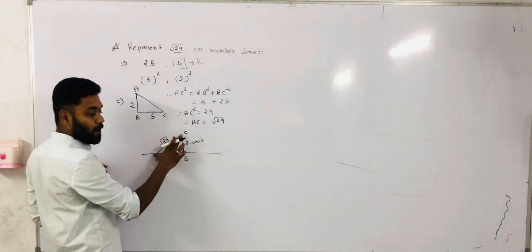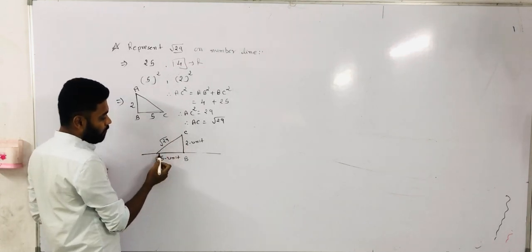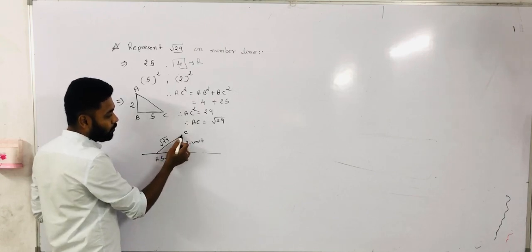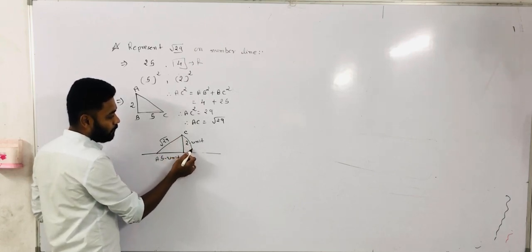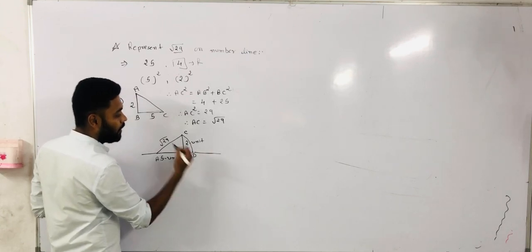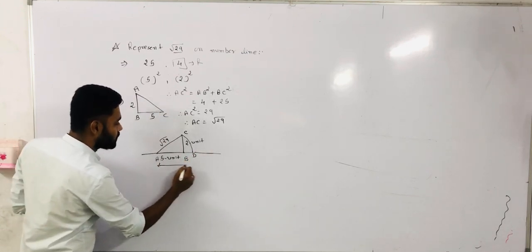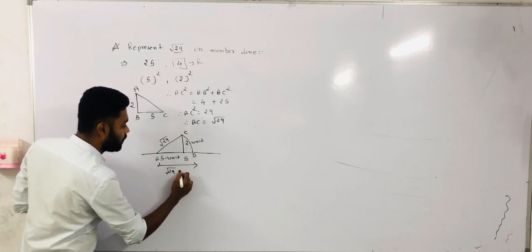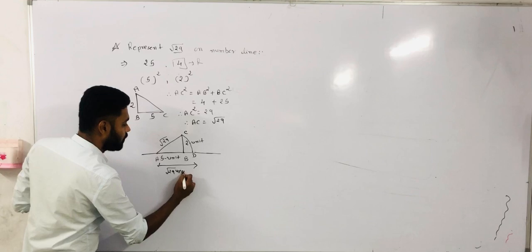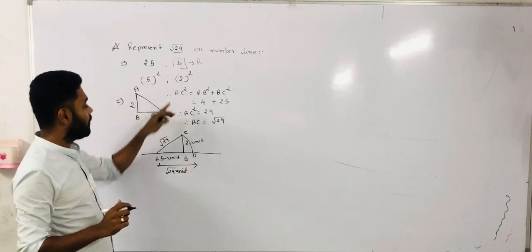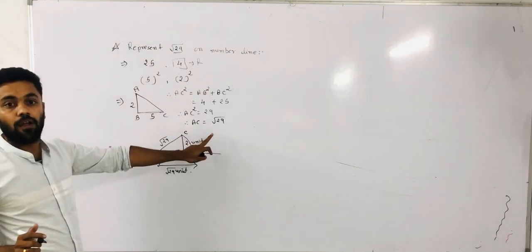Now take an arc of length AC, point your compass at point A and draw one arc that will cut our number line at point D. So now your distance AD is equal to under root 29 units. This way we get under root 29 on the number line.